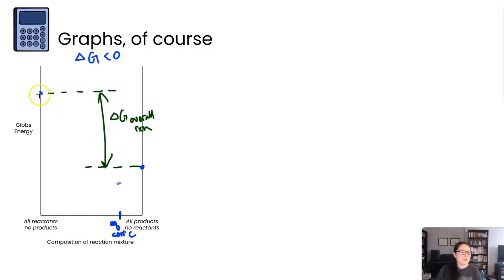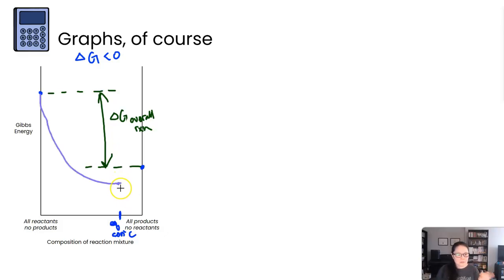If we start with all our reactants, as the reaction progresses, the Gibbs energy of that system is going to keep on decreasing until you reach those equilibrium concentrations. At that point, the Gibbs energy is going to be at its lowest.